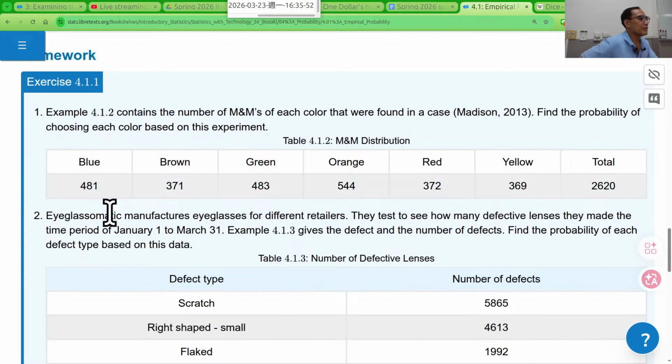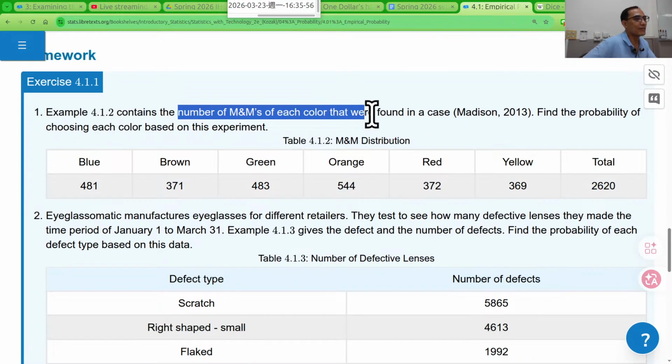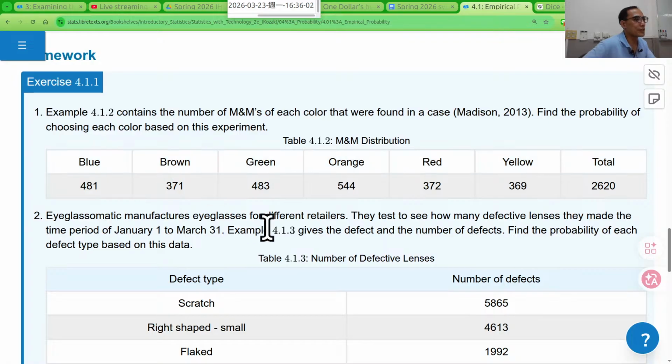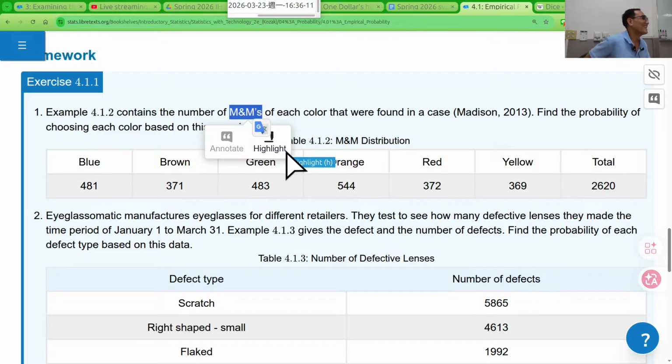As homework, example 4.1.2 contains the number of M&M's of each color found in a cast, and you find the probability of choosing each color based on this experiment. What's M&M? A chocolate with a sugar coating, right?